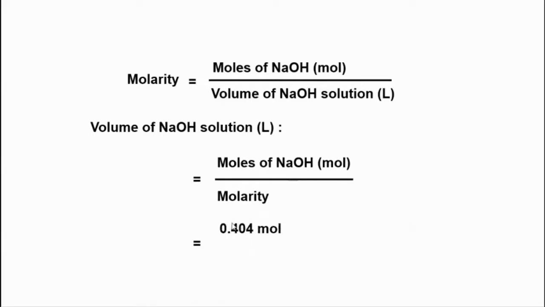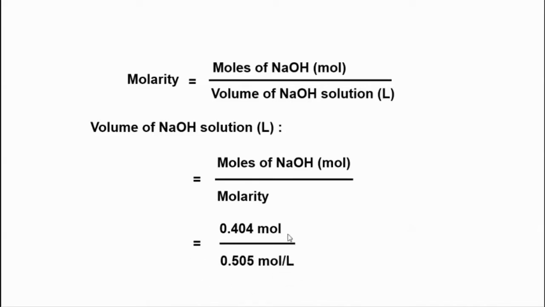It should be 0.0404 moles. Sorry for the mistake. So you just make the correction: 0.0404 divided by 0.505 mole per liter. This is the concentration of sodium hydroxide solution given in the question.